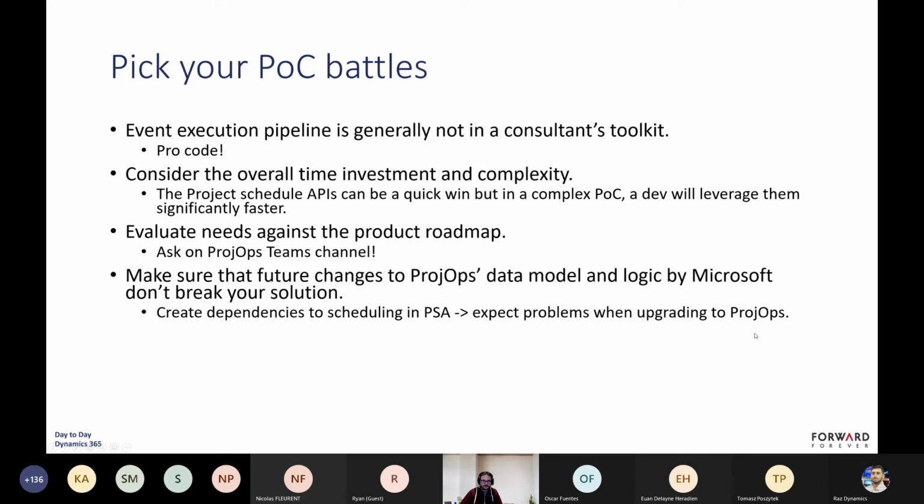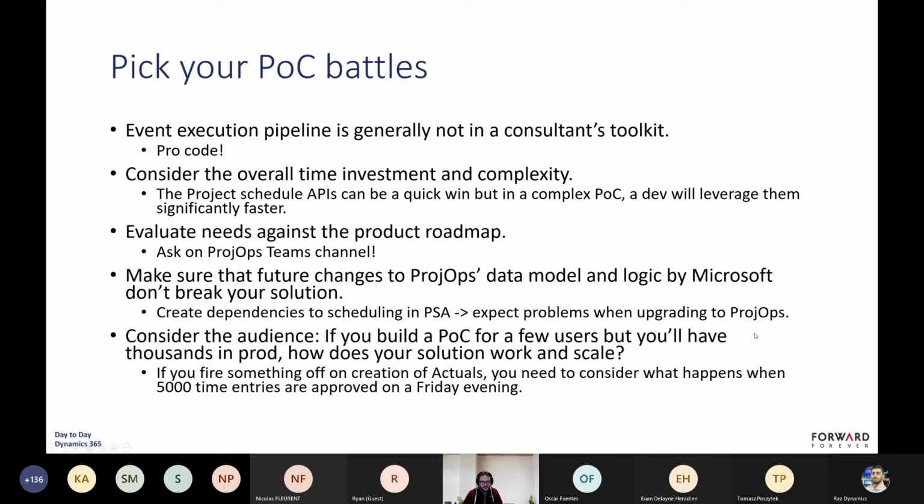And then one thing that I see, especially if we're not talking about technical solution architects, and in some cases, I guess, functional solution architects, is consider the audience. So if you're building something for a few users, how does that scale?